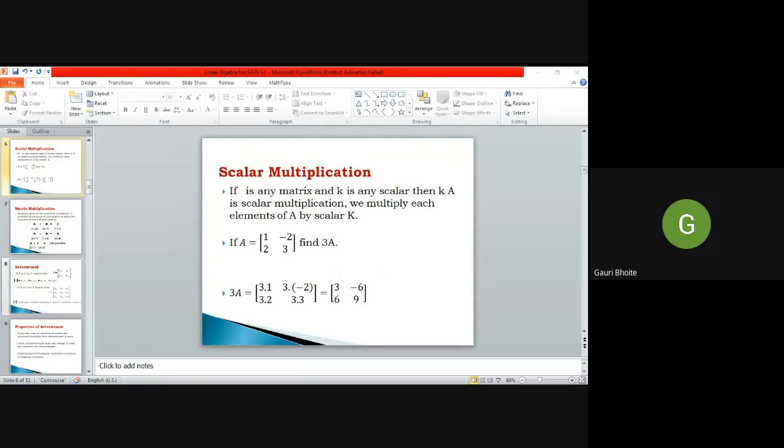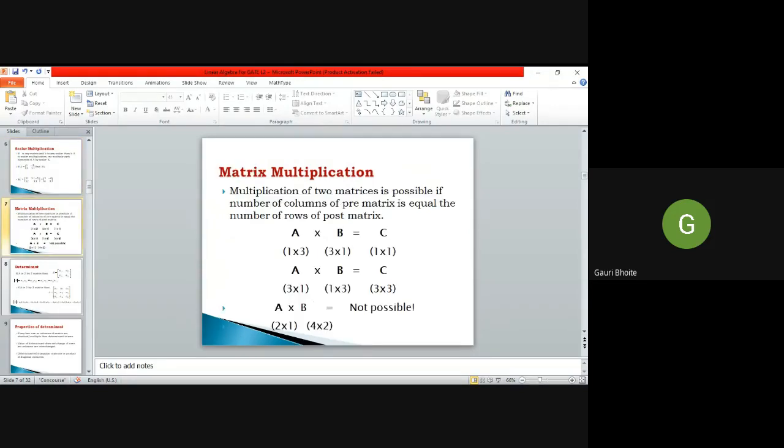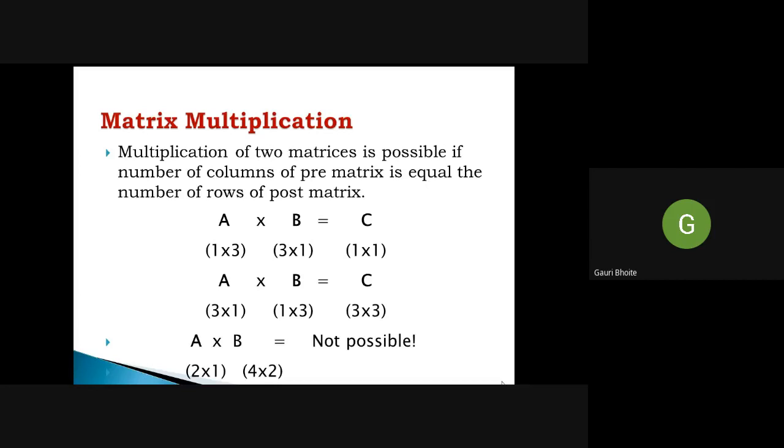If the number of columns of the pre-matrix is equal to the number of rows of the post-matrix, then only matrix multiplication happens. If A is a matrix of order 1 by 3 and B is of order 3 by 1, then A cross B is possible because the number of columns of the pre-matrix is 3 and the number of rows of the post-matrix is 3.